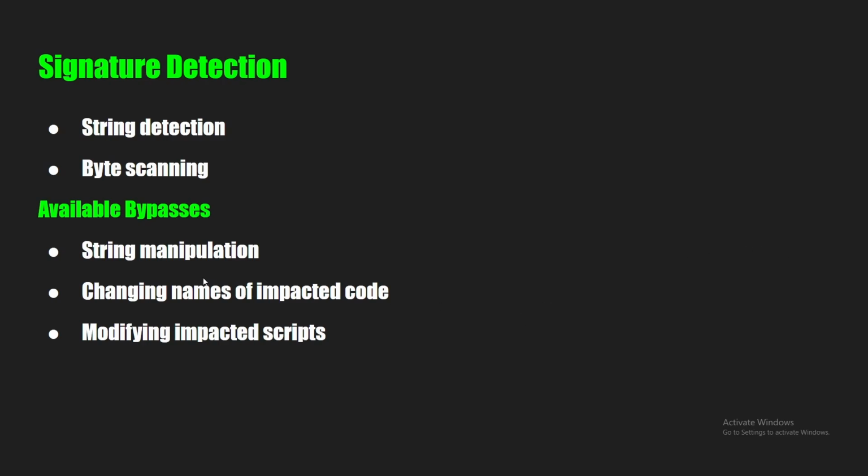As you can see, some available bypasses there: string manipulation, changing names of impacted code, and modifying impacted scripts. These are pretty much one and the same. Changing variable names, you can run certain scripts that will obfuscate them for you. And modifying impacted scripts, maybe changing the functionality in some way, so basically just finding another way to achieve the same goal, and that way it's not going to be signatured.